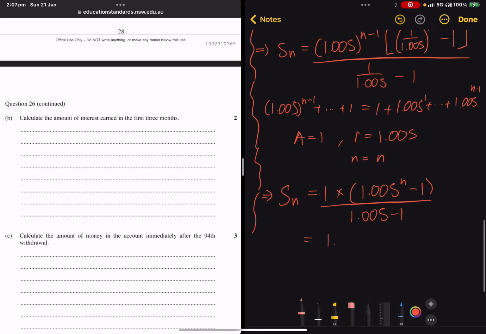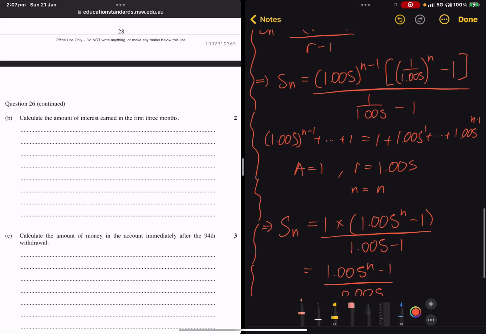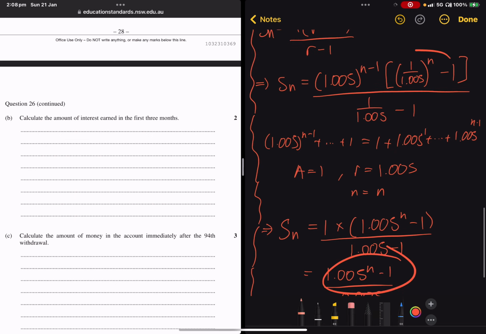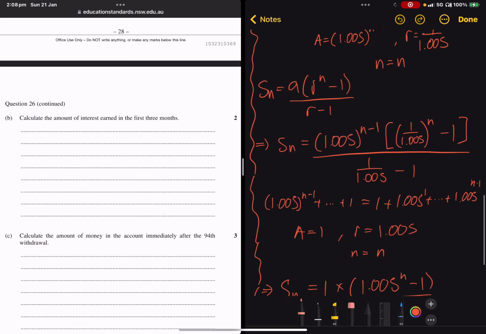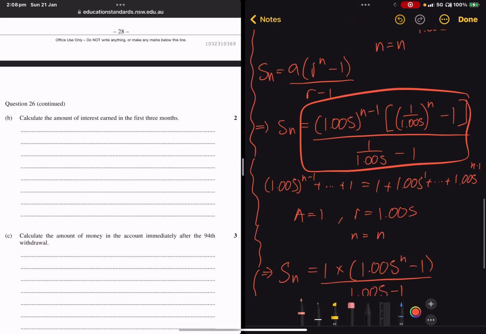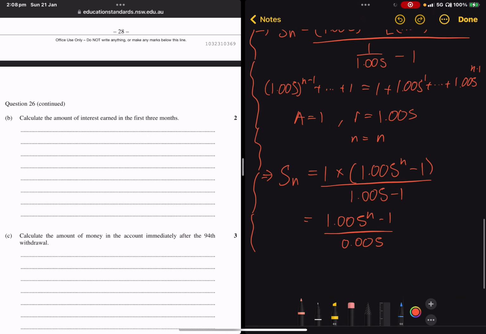And this is equal to 1.005 to the n minus 1 over 0.005. And so this was easier, because it just simplified straight away. So if you can sometimes think about these things in terms of rearranging these series, it may make your life a little bit easier. It's not that this is wrong, this works, it's just more complicated.